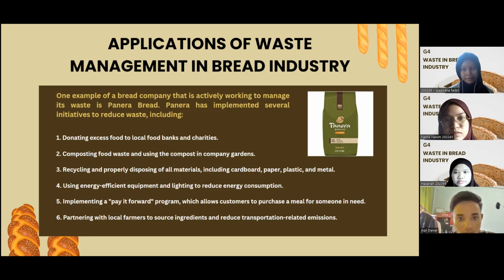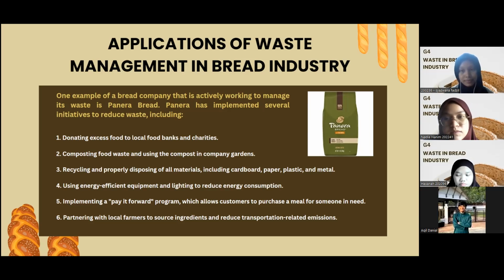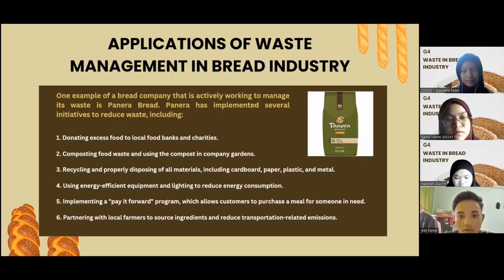So Panera Bread has implemented several initiatives to reduce waste. The first one is donating excess food to local food banks and charities. The second one is composting food waste and using the compost in company gardens. The third one is recycling and properly disposing of all materials, including cardboard, paper, plastic, and metal.